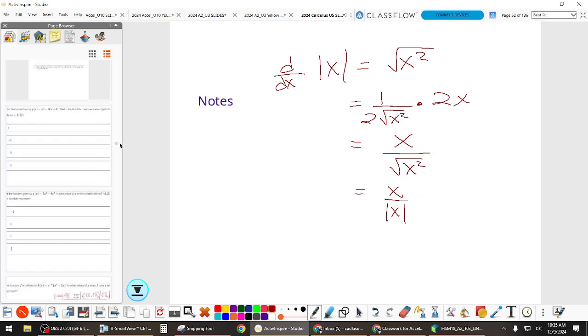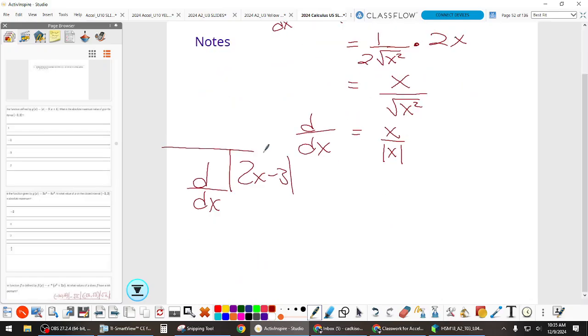It is on here somewhere, but the point is, let's say it was take the derivative of absolute value of 2x minus 3. So this is the general form, but we do still have to take the derivative of the inside. So that's kind of what we were seeing. It had 2 parts, a subtraction in between 2 absolute values.